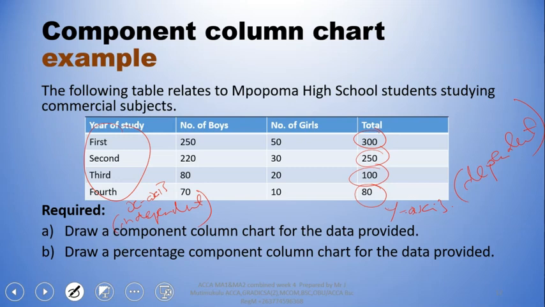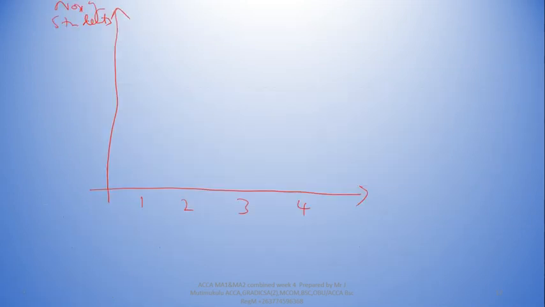For the number of students, our y-axis can be guided by the largest total there, that is 300. So we can say this is 50, 100, 150, 200, 250, 300, 350.